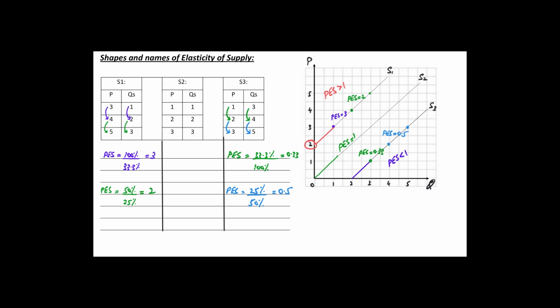now this knowledge will apply in AS a lot more, AS levels. For O levels, at least for now, let's just see that if the supply curve starts from the y-axis, the value will always be greater than 1. If it starts from the origin, it will always be equal to 1. If it starts from the x-axis, it will always be less than 1.